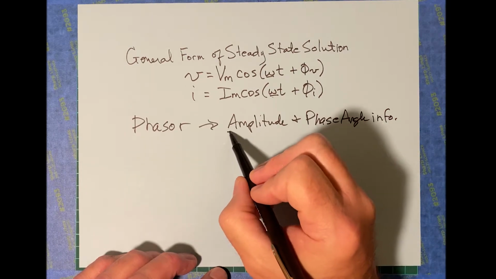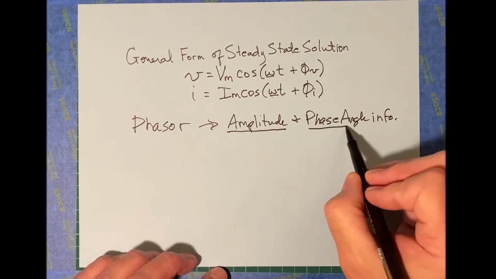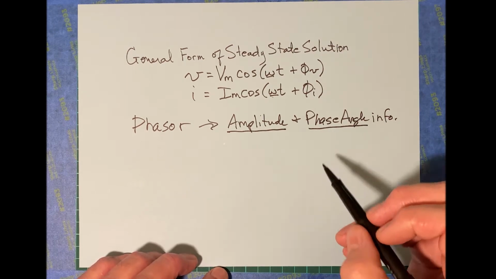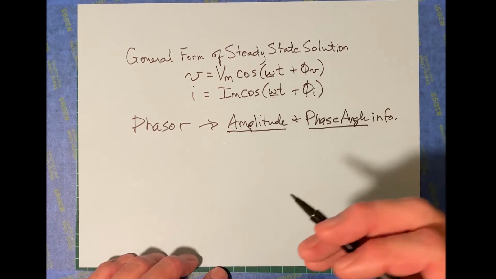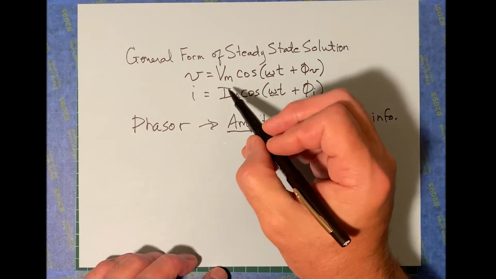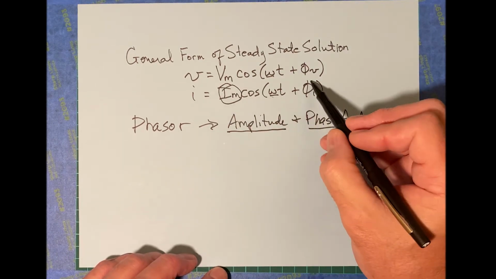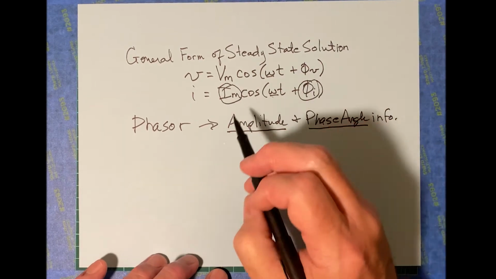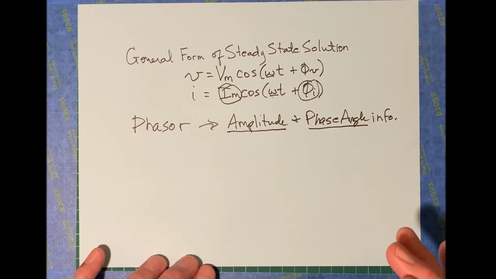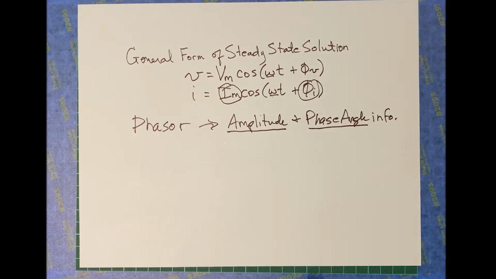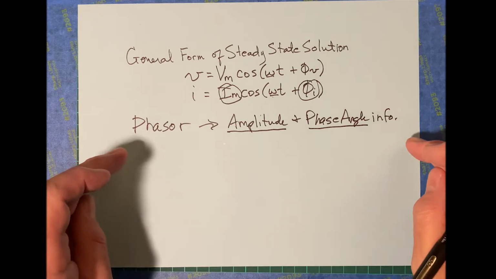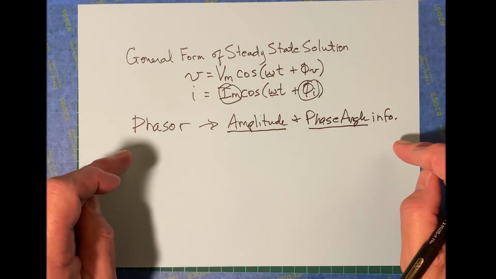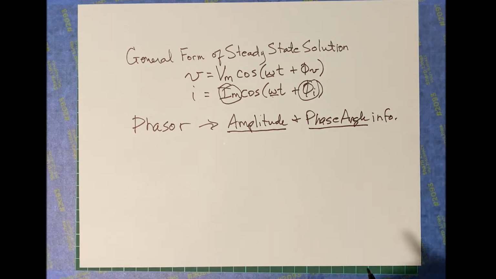So it carries two bits of information, the amplitude and the phase angle. And remember, for solving the types of problems that we're going to be doing in here, we need to know the amplitude and we need to know the phase angle because we know the general form of the solution.